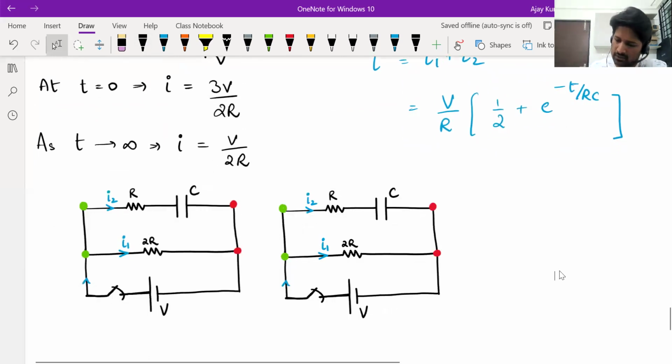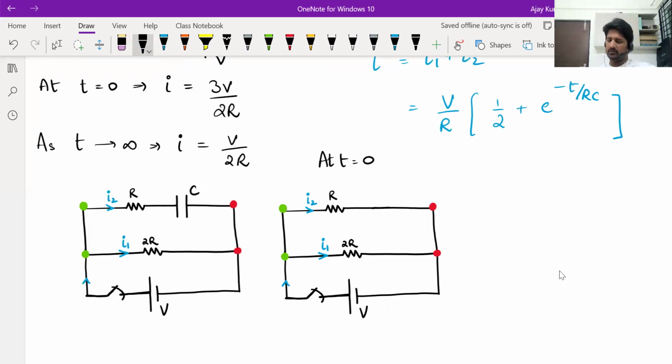So at t equal to 0, when the switch is just closed, you can just take this as a wire. Now see, the voltage V is applied across 2R and the voltage V is applied across R also. So I1 will be V by 2R, I2 will be V by R. Add both, total current will be 3V by 2R.